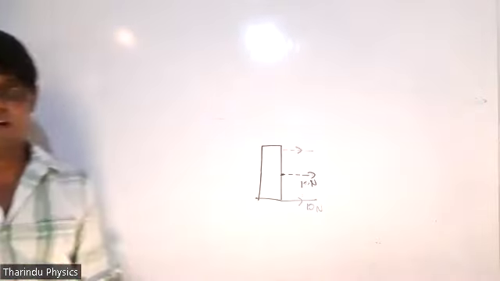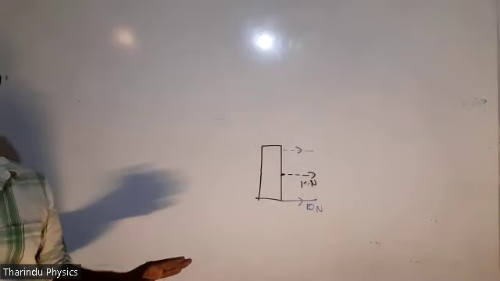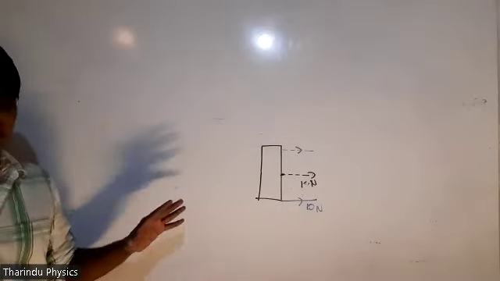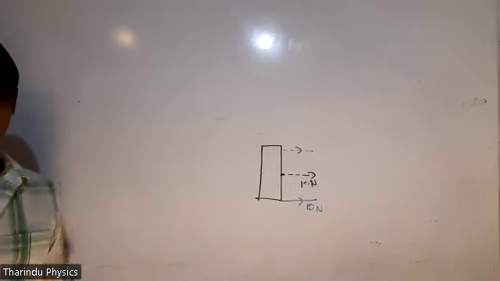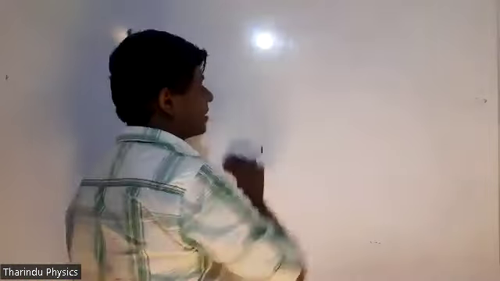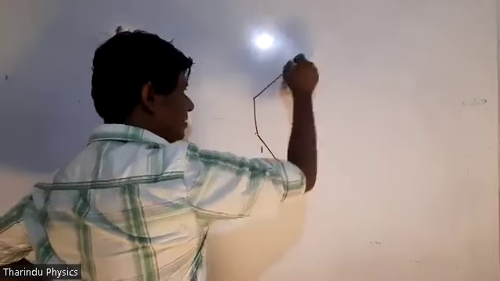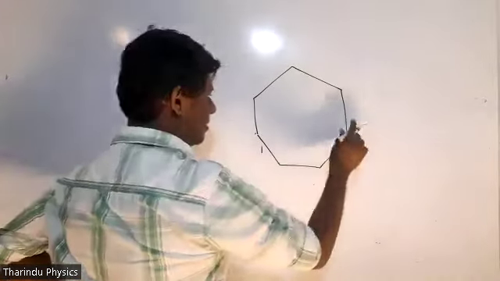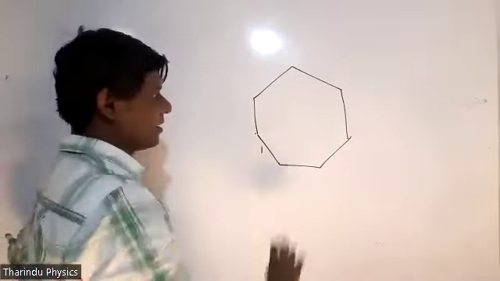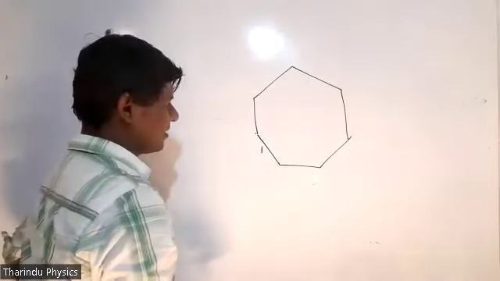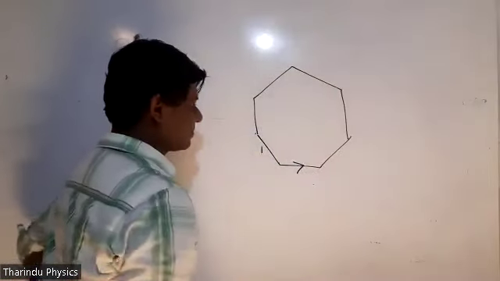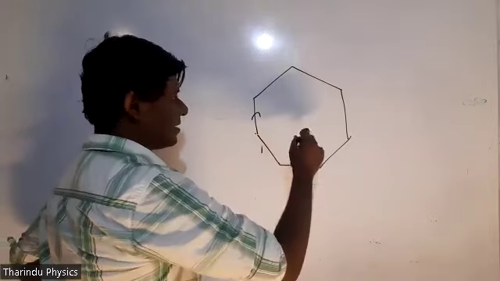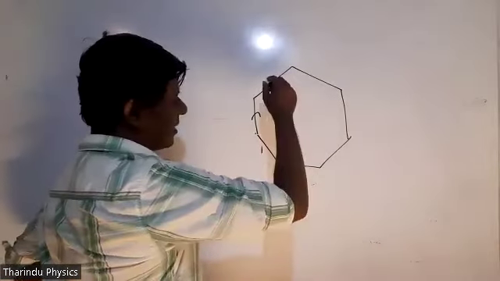This point will be very valuable when you are solving things in a vector polygon. This will be very important. So let me show you one example. There are certain vector systems that you have to solve, like in here. This is a hexagon. There is a vector here, there is a vector there.